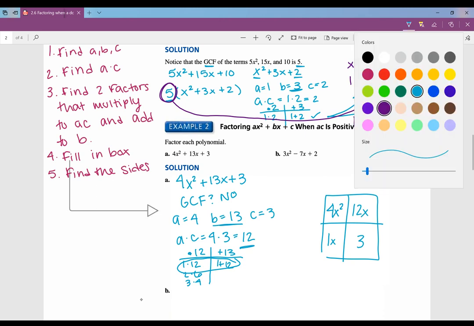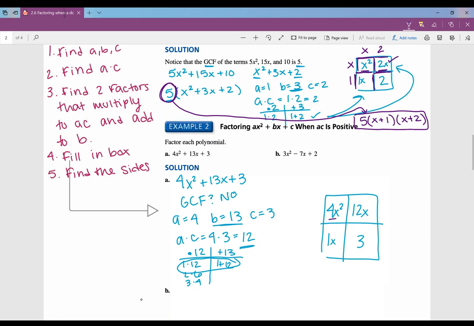Okay, now if we look for our greatest common factor between 4x squared and 12x, our greatest common factor is going to be 4x, right? They both have a 4 and they both have an x. Okay, if that side's 4x, then that means this side needs to be an x to get us that 4x squared. If that side's x, our side over here is going to be 1.